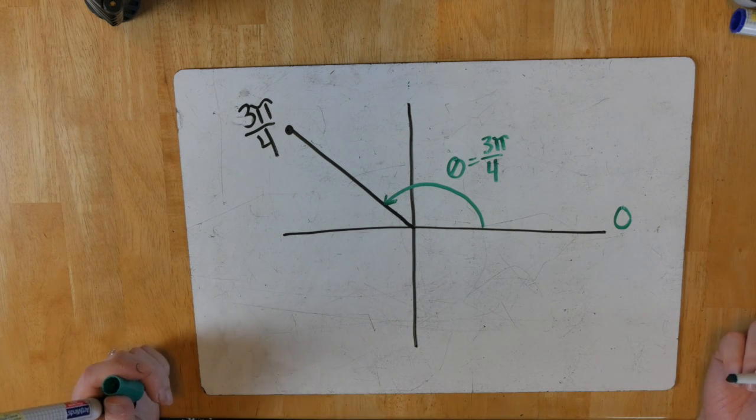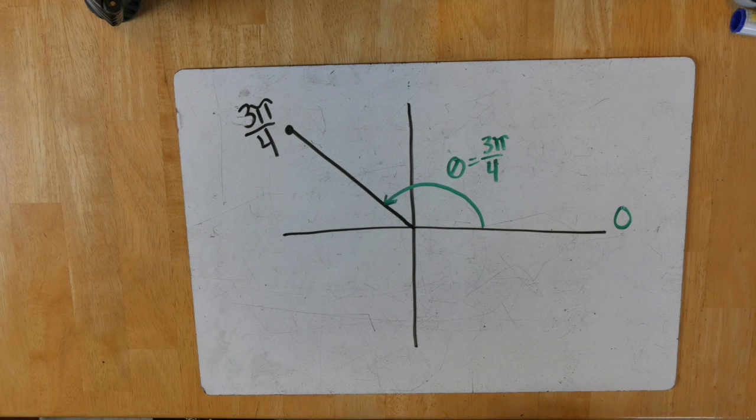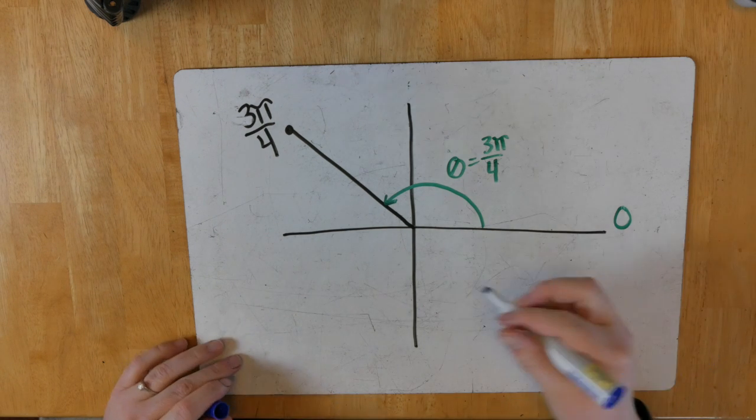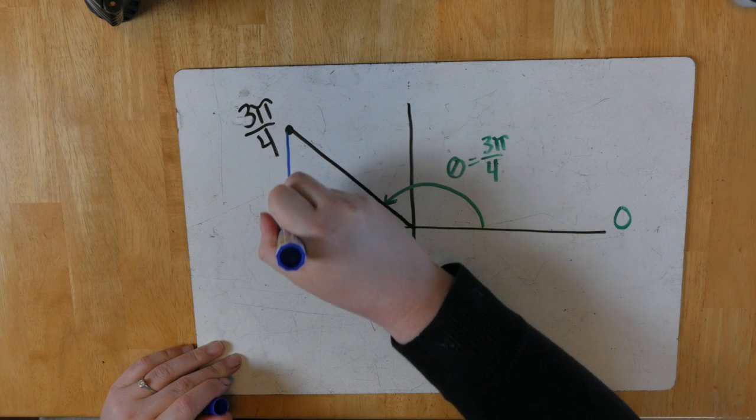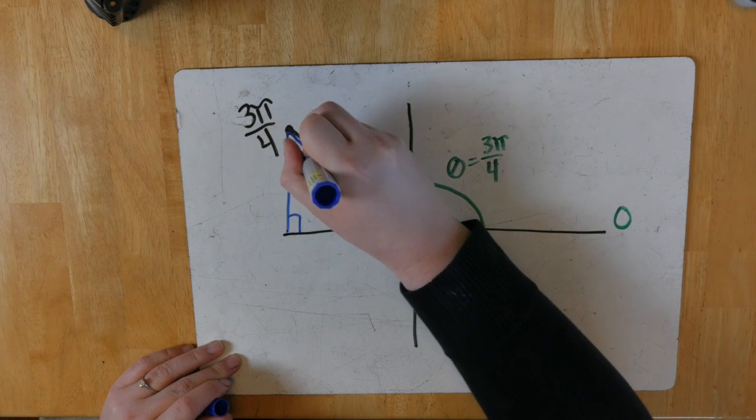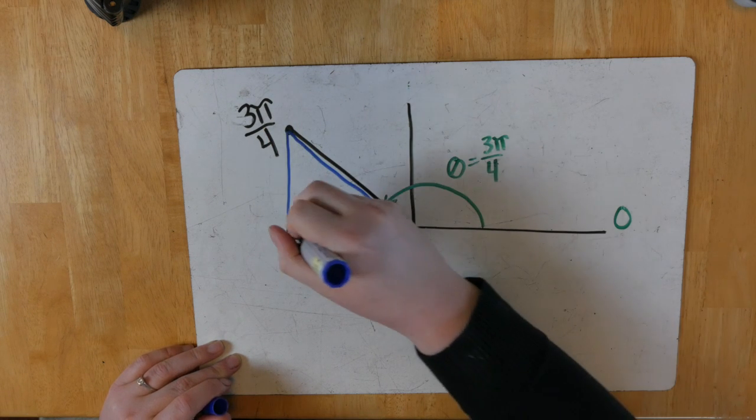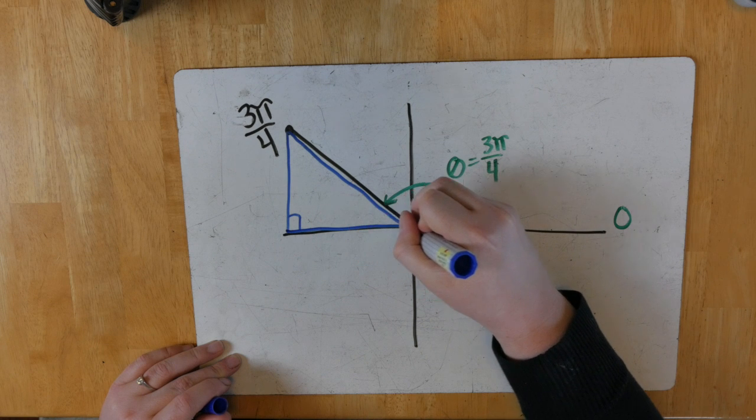The tricky part is that then we use a reference angle or a reference triangle that we set up over here to evaluate that angle with different trig functions.